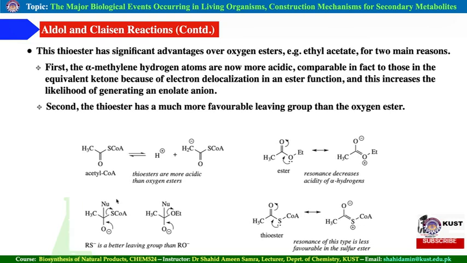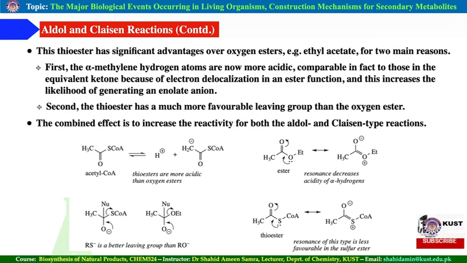So when this reaction happens, for example, this alkoxide ion will be generated during the Claisen reaction, then this transformation is much easier. That is, this electron pair will move towards carbon, and as a result we will have a double bond, and the sulfur containing group will be lost. But in this case, this is not so favorable.